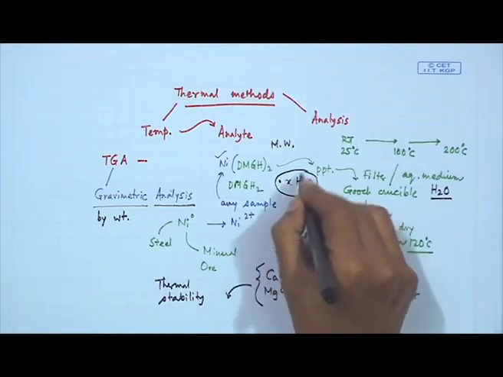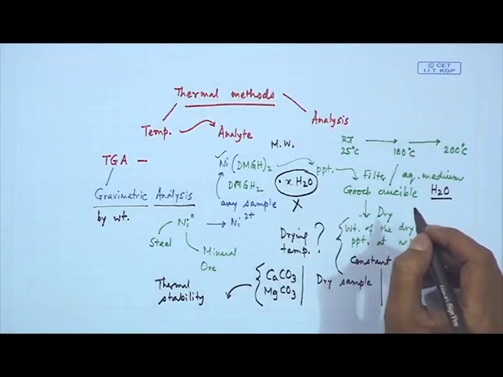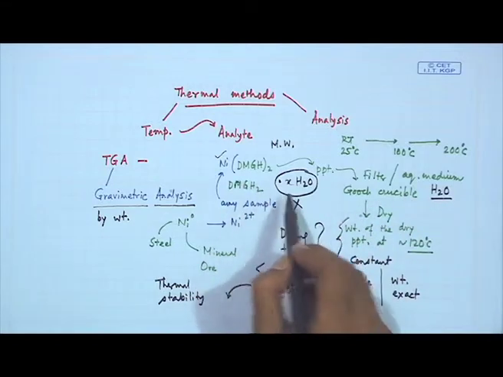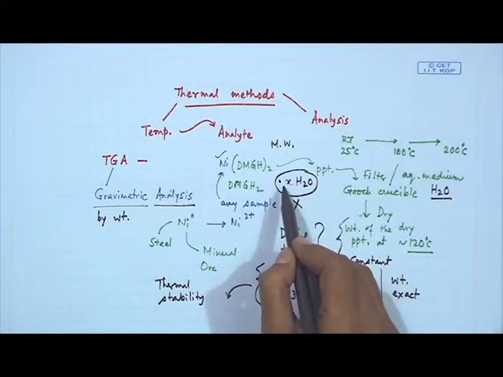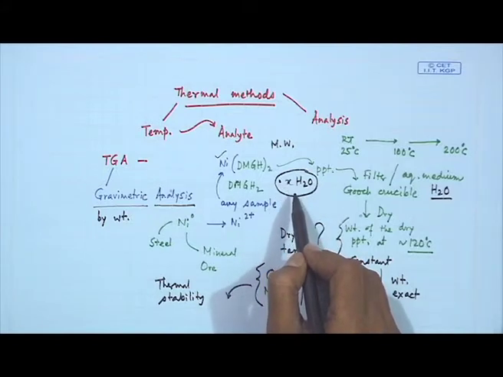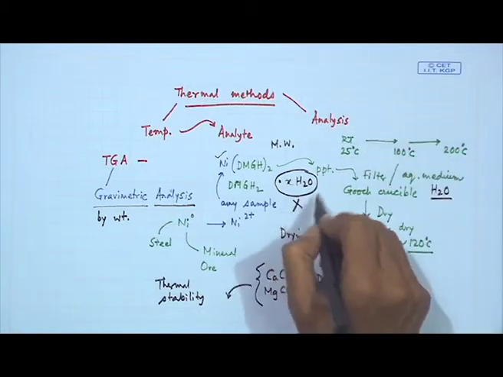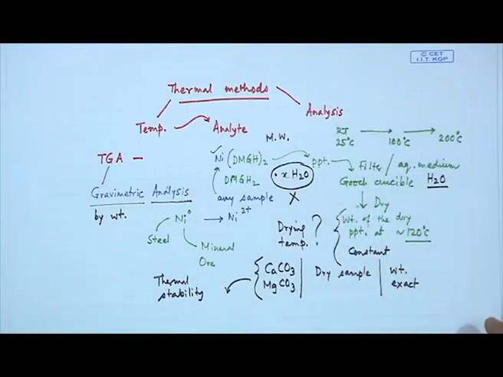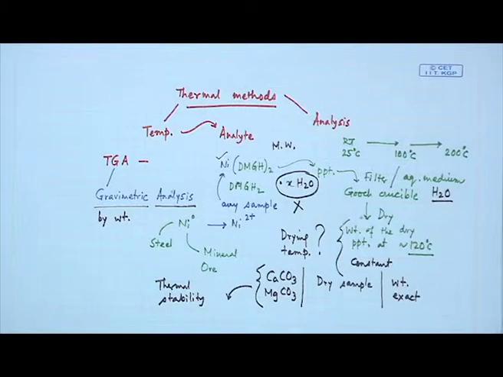In this particular case we do not have any water of crystallization present, but we should also know whether a precipitate is a monohydrate or a dihydrate or a trihydrate, where water molecules are trapped inside the crystal lattice. If we heat it up, the adsorbed water molecules will go out around this 120 degree centigrade. So, at this temperature we can heat it and keep the precipitate in an air oven.